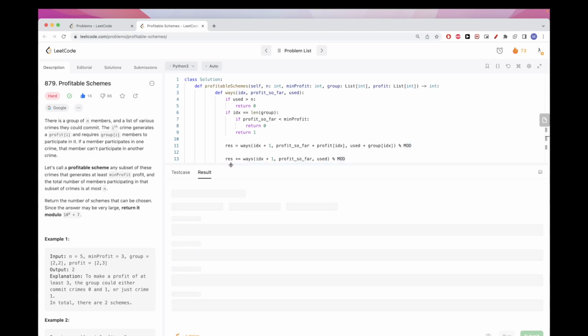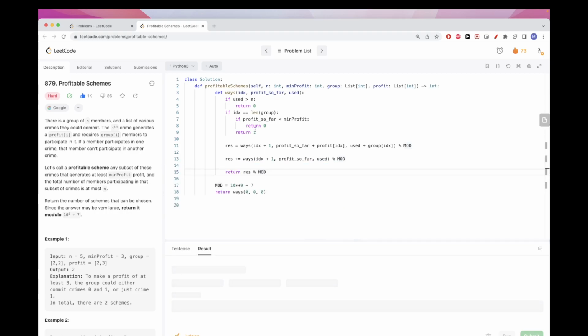exceed the time limit, because we are calling this function here multiple times with the same input, and then it will recalculate. So of course we need to memoize. That's the first step, so let's see if that's enough. For memoization, we can use the same state of the function.